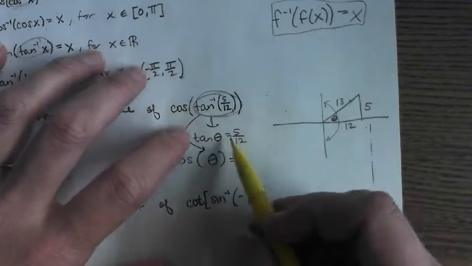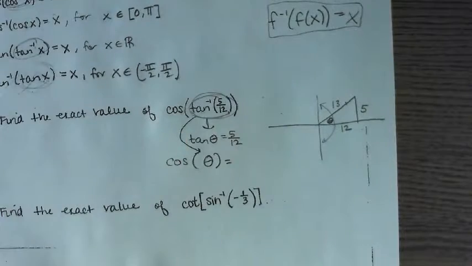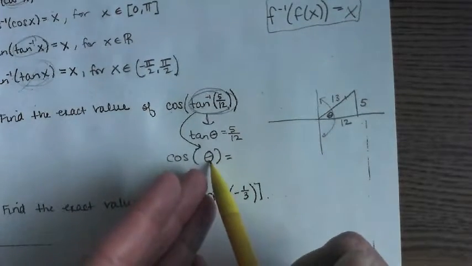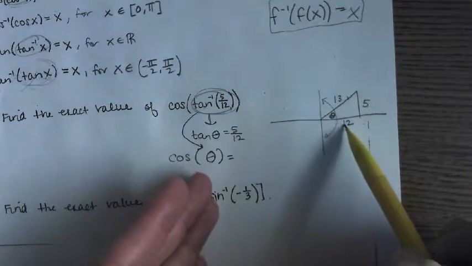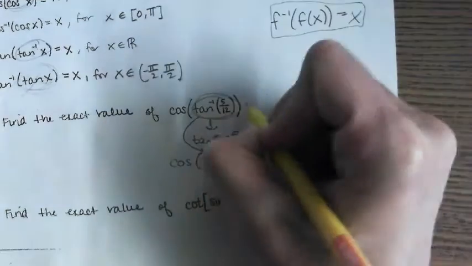And so we don't ever know what theta is, but we know kind of the type of triangle that it's in. And so at the end of the day, they're just asking us for the cosine of that angle. And the cosine is the adjacent 12 over the hypotenuse 13, and that's your answer.